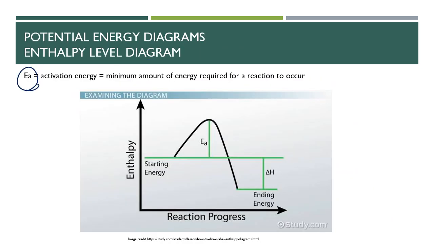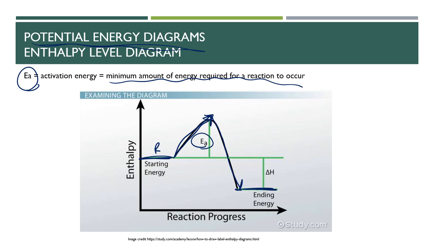So this idea of activation energy, or E sub A, we can show in a potential energy diagram like we were looking at for the exothermic and endothermic reactions on the previous slide. So here's my starting energy, the energy of my reactants, the energy required to break all those bonds. And then, of course, we're going to release energy as new bonds are formed.